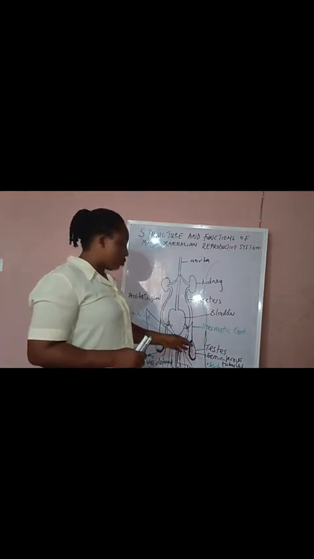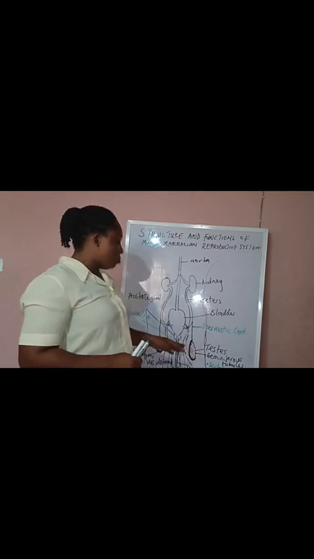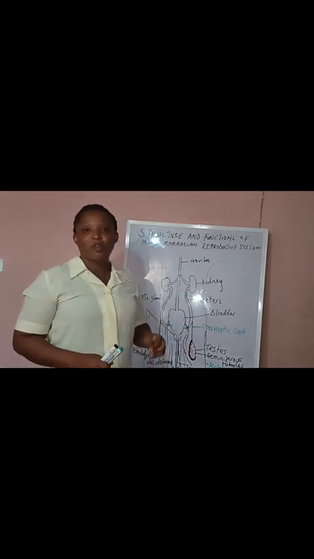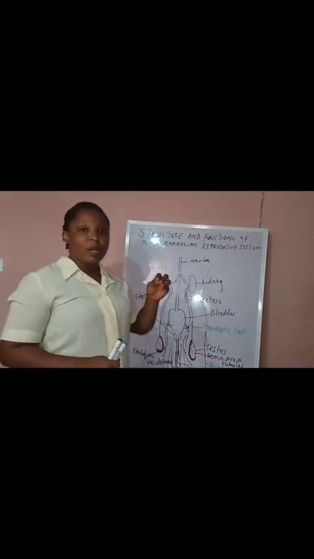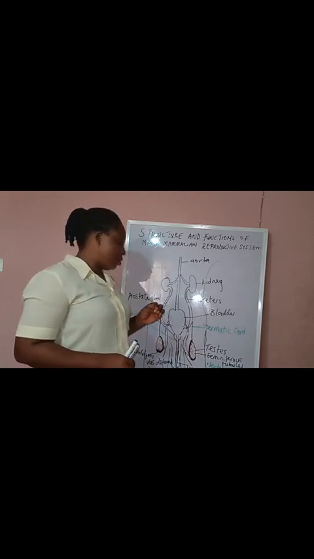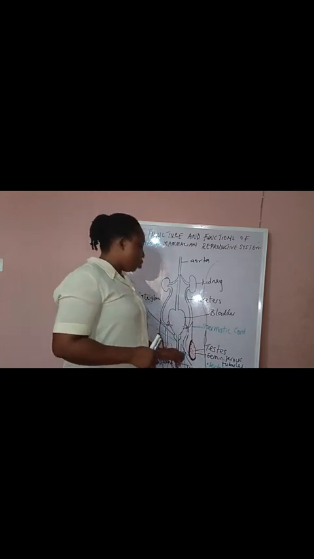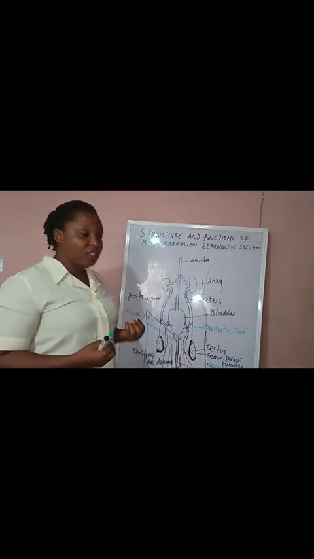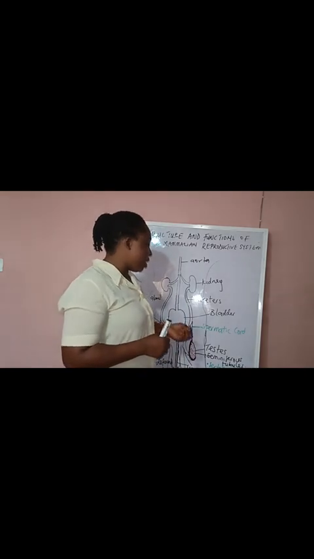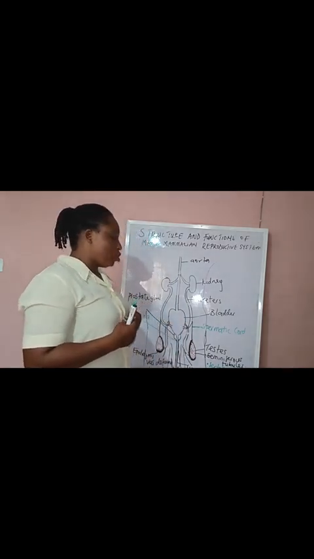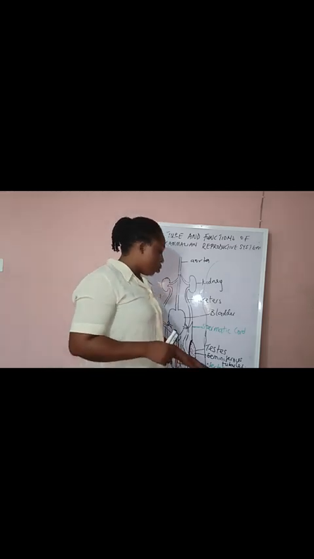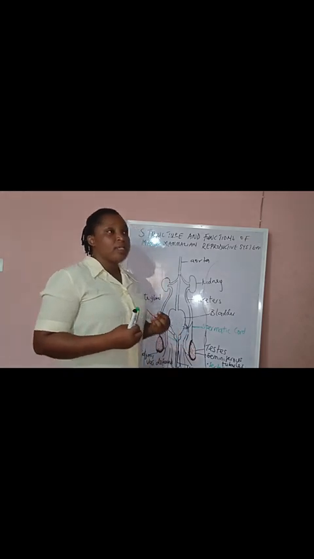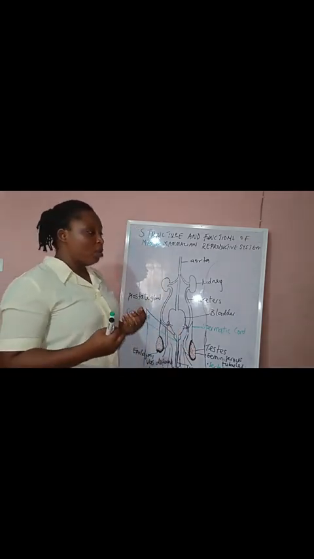These seminiferous tubules produce sperm. They contain cells that produce sperm, and also cells needed for the optimum survival of sperm. We have the Sertoli cells, which nourish the sperm and aid its maturation. We have the Leydig cells, which help in producing testosterone, the male hormone.